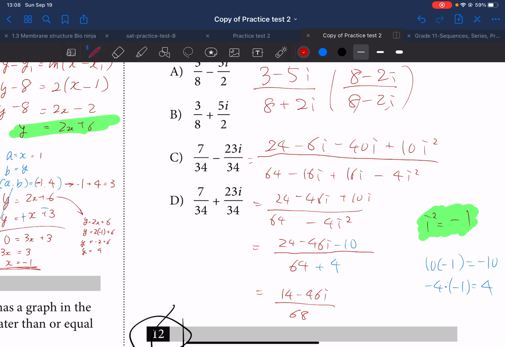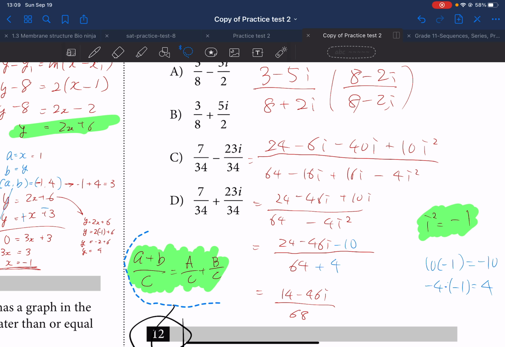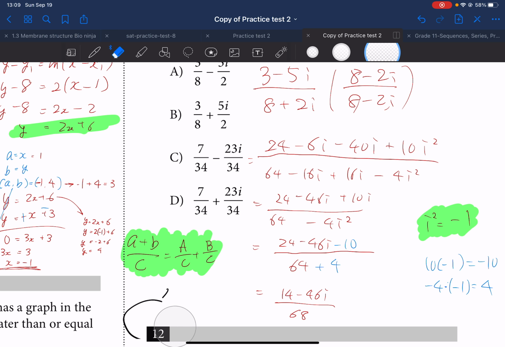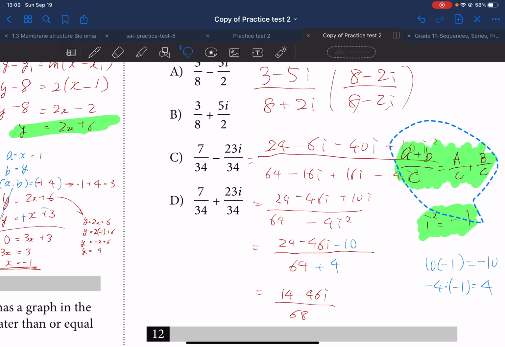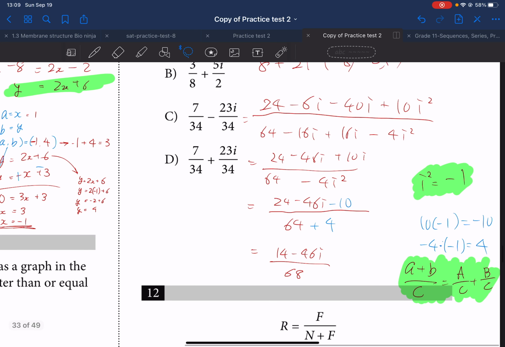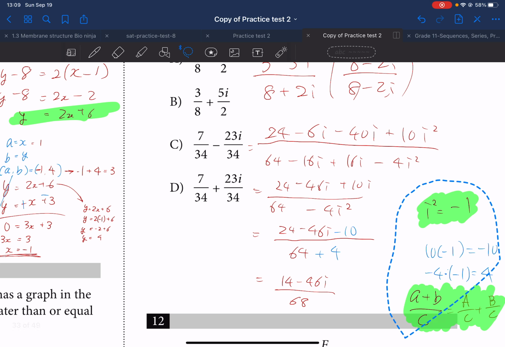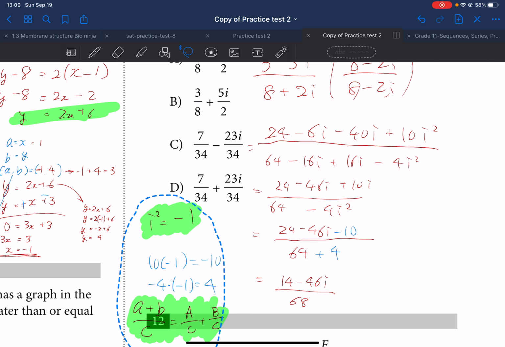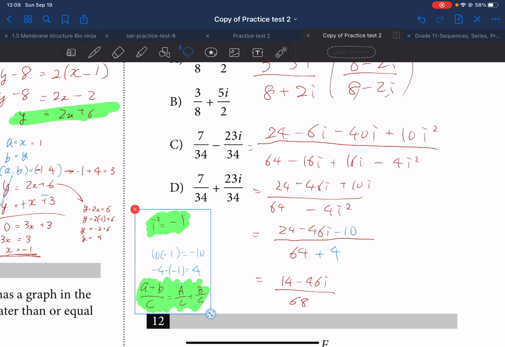Okay, another valuable property here is if you ever have anything in the format of A plus B over C, you should know that it can be expanded out into A over C plus B over C. You should definitely remember this. I'll just put it right here.